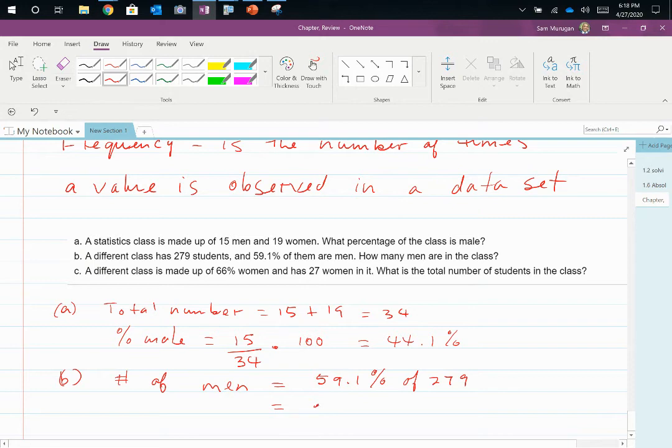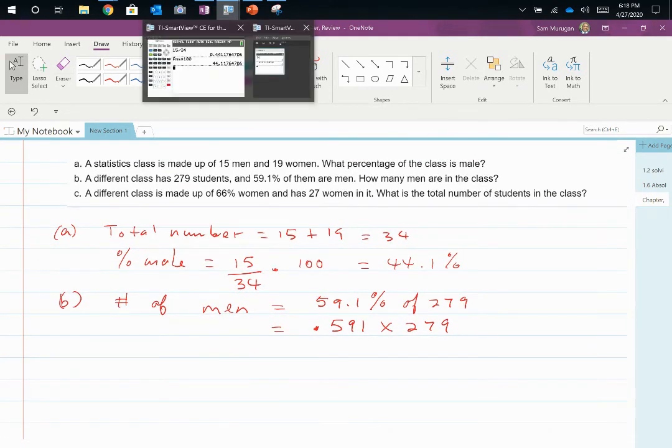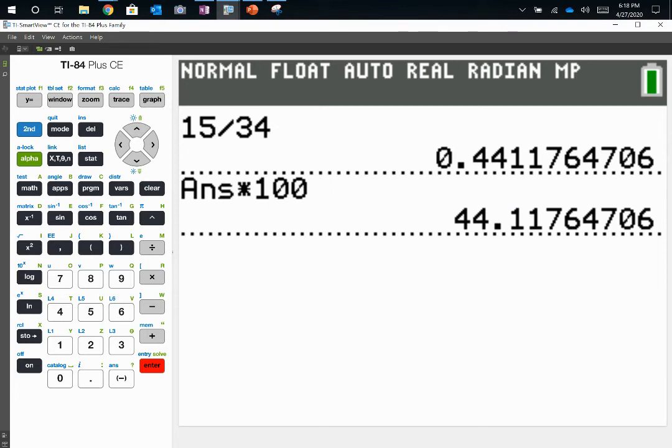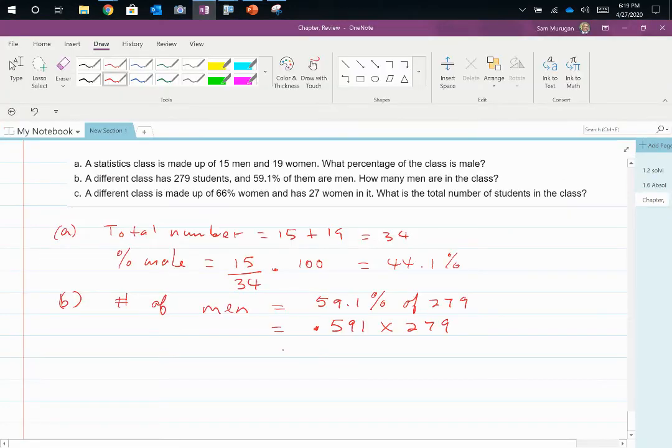To put that in the calculator, you'd say 0.591 times 279. And round it to the nearest whole number, of course, because you're talking about the number of men. So 165 men.